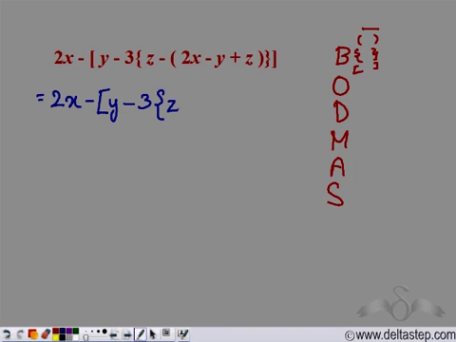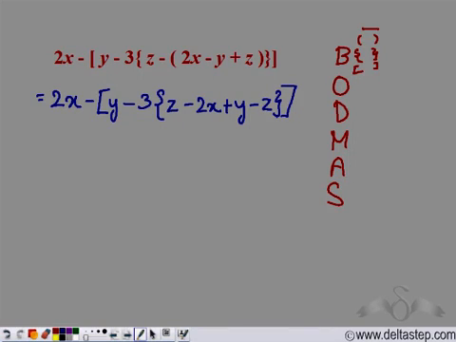Now we open this bracket. Each term is being multiplied by a negative sign. So the sign changes. So z minus 2x plus y minus z. So this is what we have, z minus 2x plus y minus z.